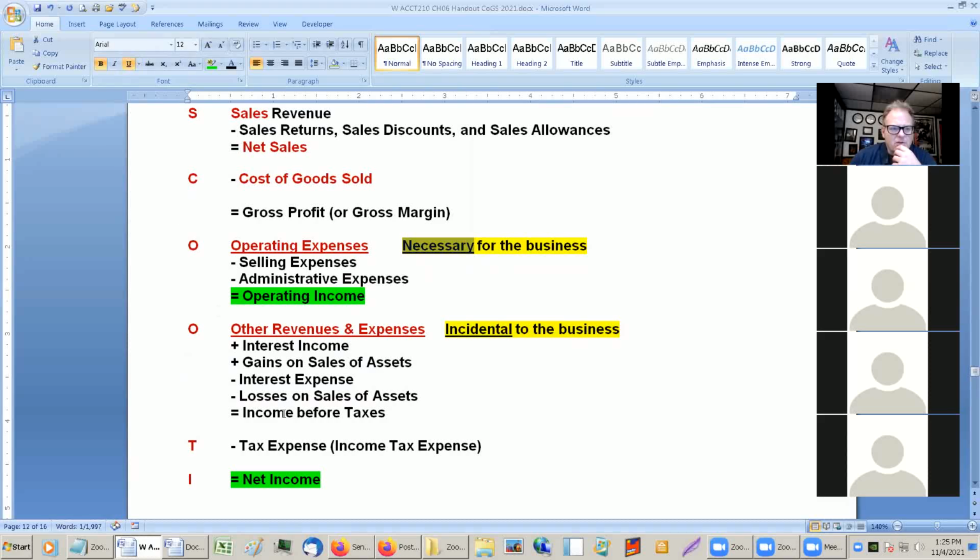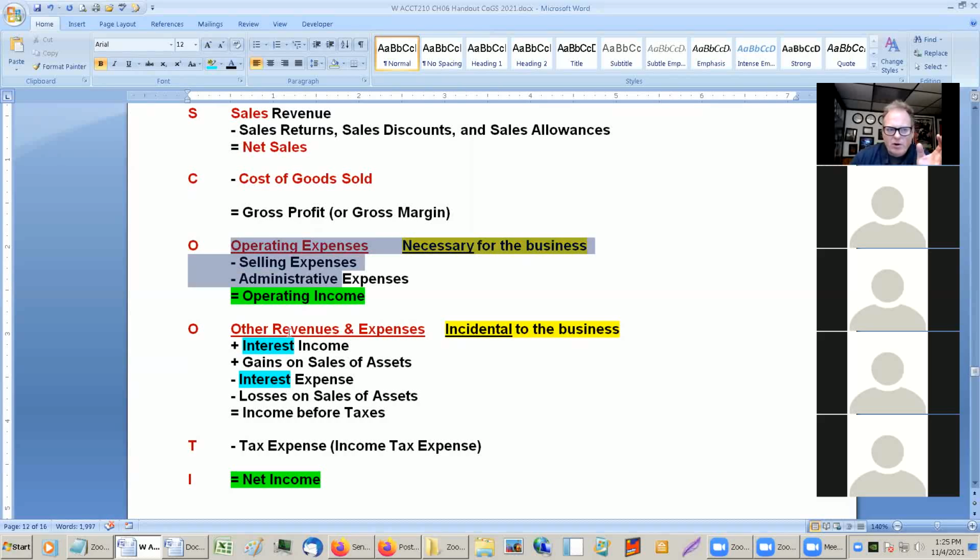And the main ones here are the interest expense and interest income, which are both included in there. And separating these two is the big part of the multi-step income statement.